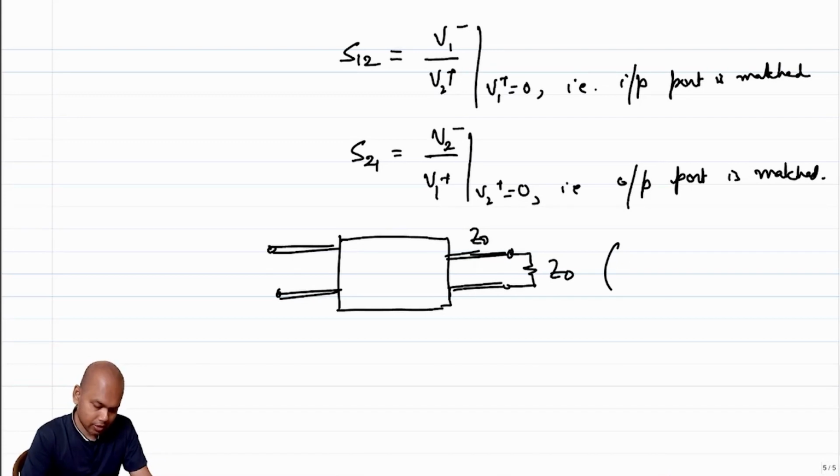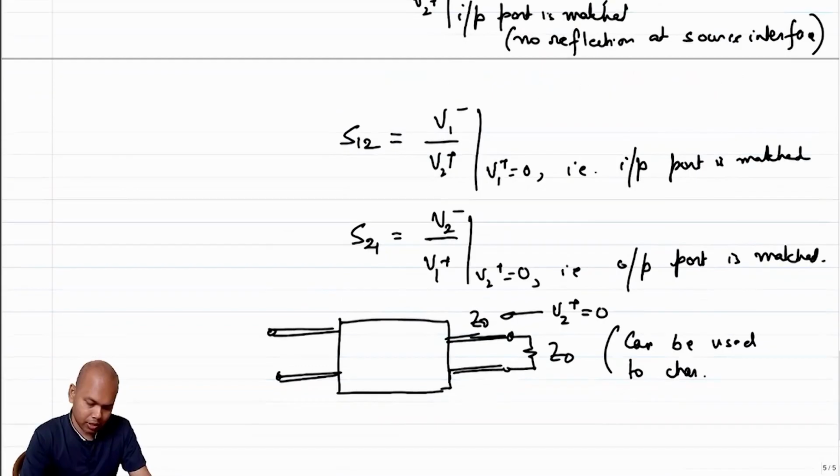In this case, there is no reflection at this interface. So essentially this V2 plus is equal to 0. So it can be used to characterize which two S parameters?